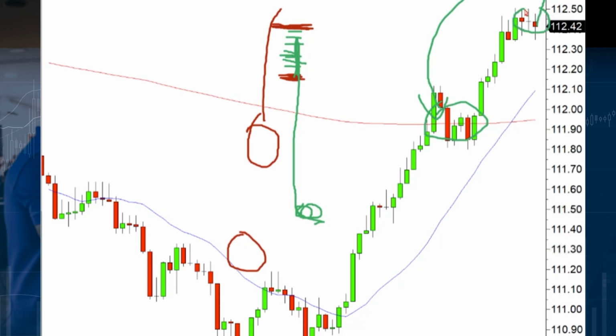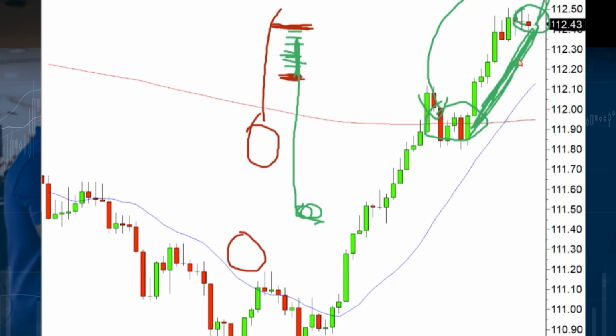The further we get away from here, now this could be another interrupt if we break to new highs, where now we use this measurement as our guide. And that would place us closer to 112.13, a little bit less, as a key spot.